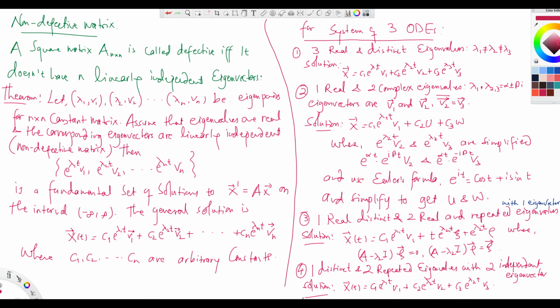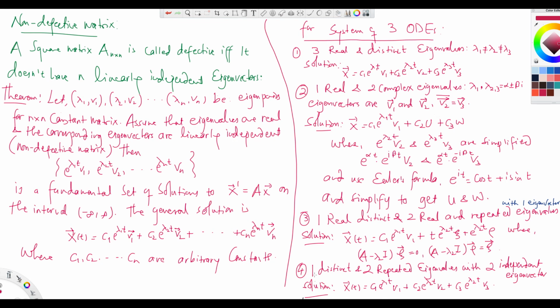So this xi is calculated as a regular eigenvector. For the rho, you must satisfy (A minus lambda 2 I) rho equals xi. You do that and then you find rho. We did this in the 2x2 system case also.